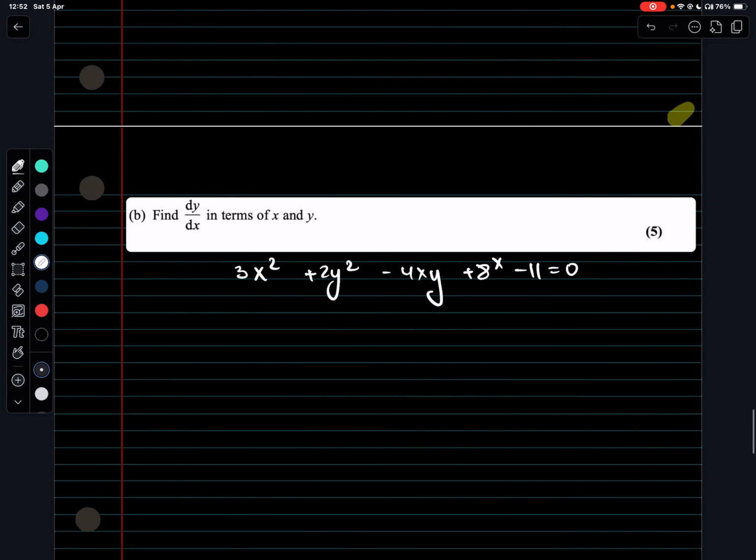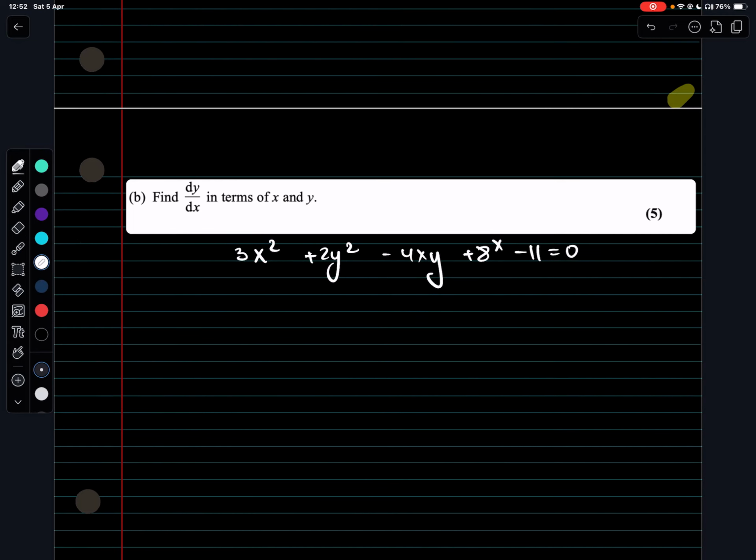All I'm going to do is find the derivative of each term with respect to x. The derivative of 3x squared with respect to x is 6x. The derivative of 2y squared with respect to x is 4y dy over dx.